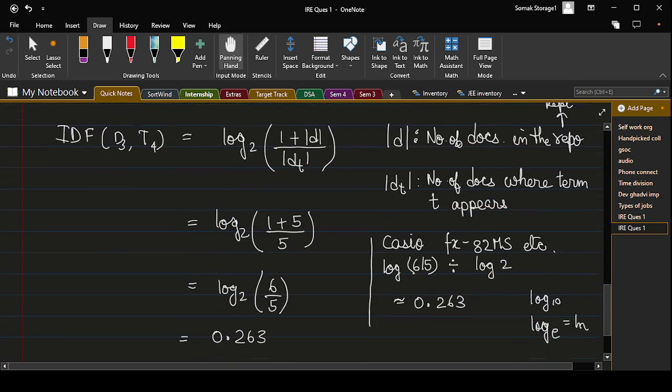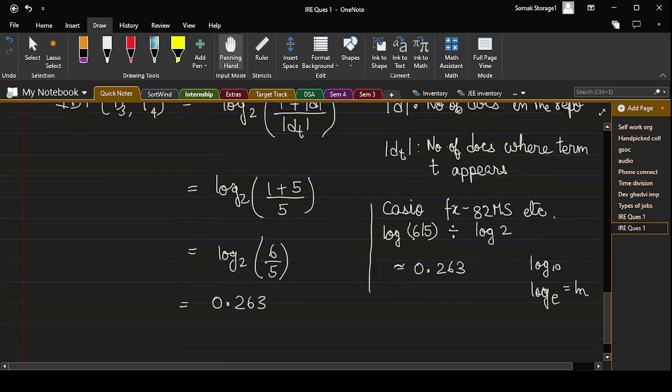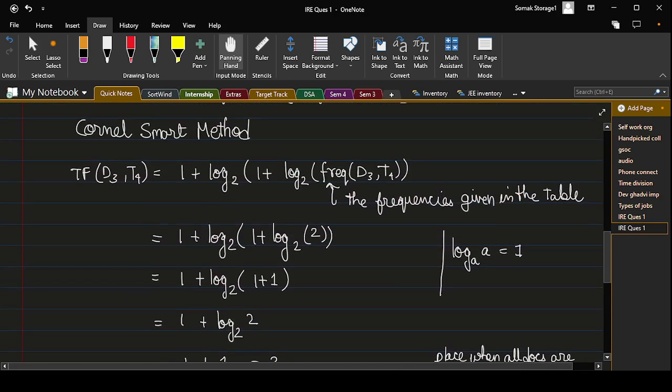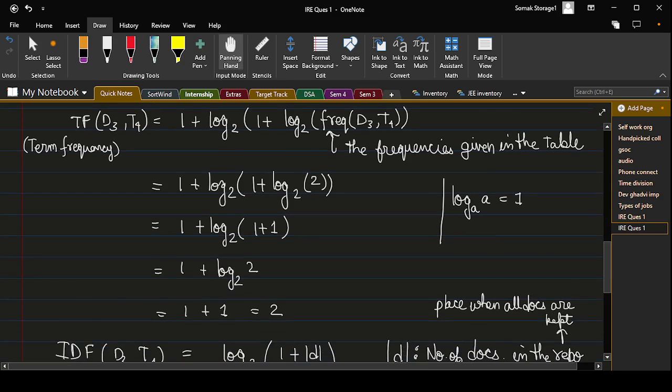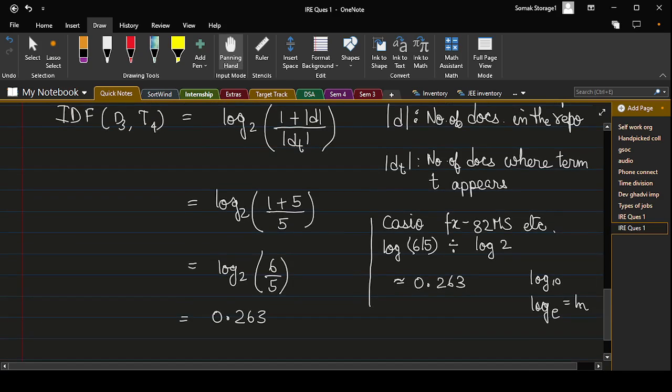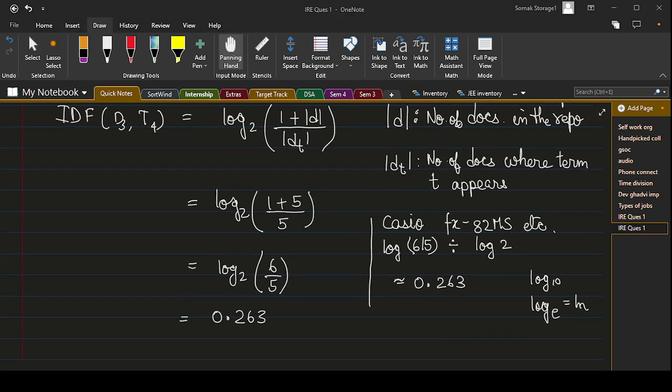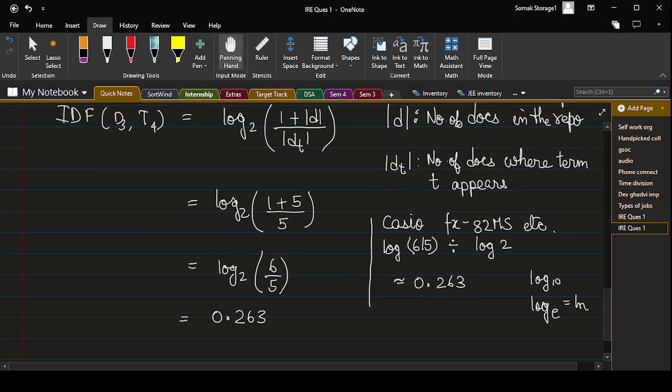Now I just want you to tell, for those who don't know what this means, this is called term frequency. And this one here is called inverse document frequency.